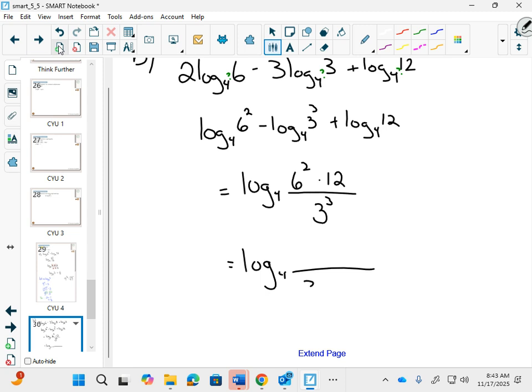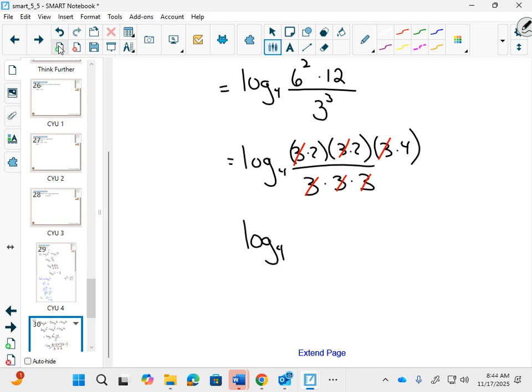And once again, I'm going to expand these out. 6 squared is 3 times 2, 3 times 2, and 12 is 3 times 4. Instead of multiplying it out and trying to do 36 times 12 in my head, I'm going to expand it like this with its factors.